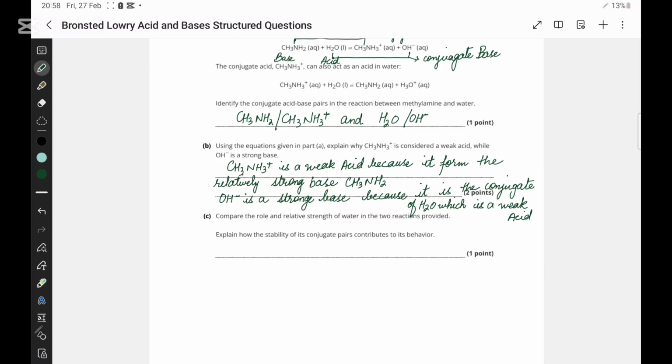Compare the role and relative strength of water in the two reactions provided. Explain how the stability of its conjugate pairs contributes to its behavior.